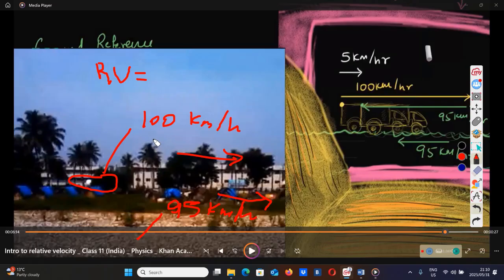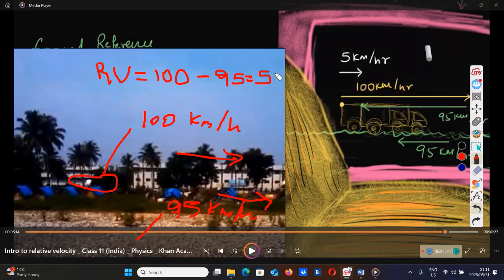In this case, the observer is going to be the cameraman. So if the observer is the cameraman, which is the view that we're going to see, then we're going to start with 100 minus the speed of the observer. So we always subtract the speed. We start with the speed of the object that we're looking for, and then we minus the speed of the observer. Then we're going to get positive 5.